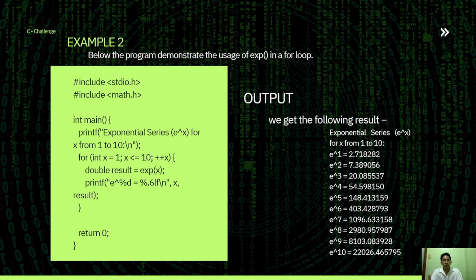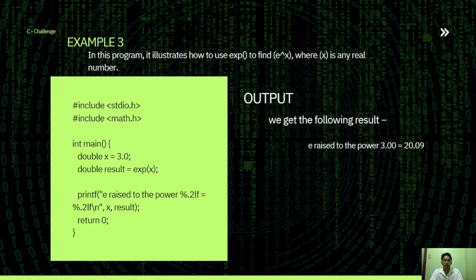The exponential to the power of 1 is 2.718282, the exponential to the power of 3 is 20 point something, and so on. We can see the example and its output here.